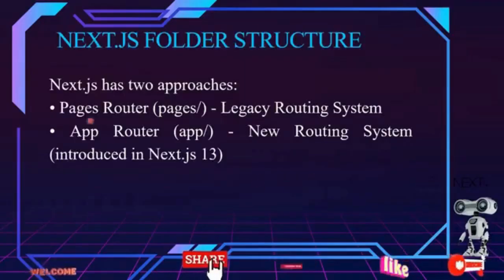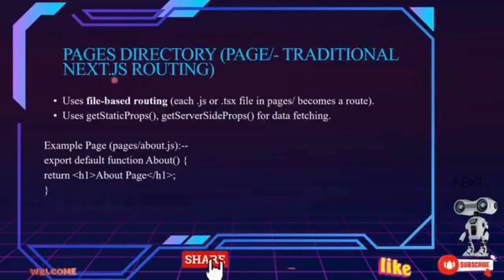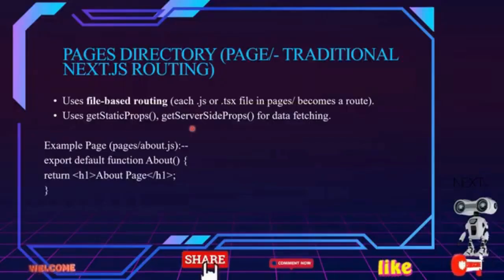Folder structure. In Next we have two approaches: the pages folder and the app folder. The app router was newly introduced in Next 13.3. The pages directory is the traditional Next routing using file-based routing, with getStaticProps and getServerSideProps for data fetching.